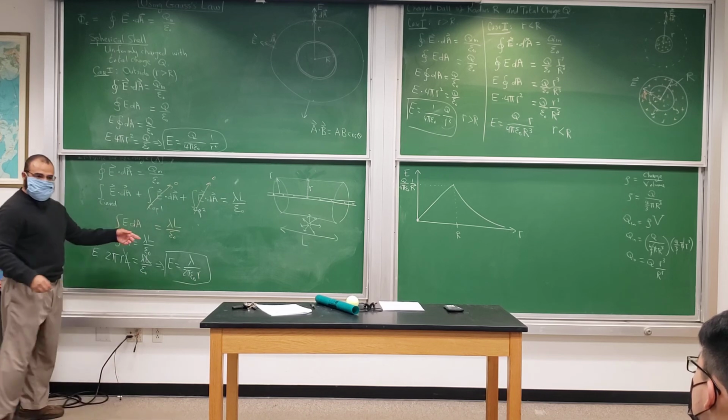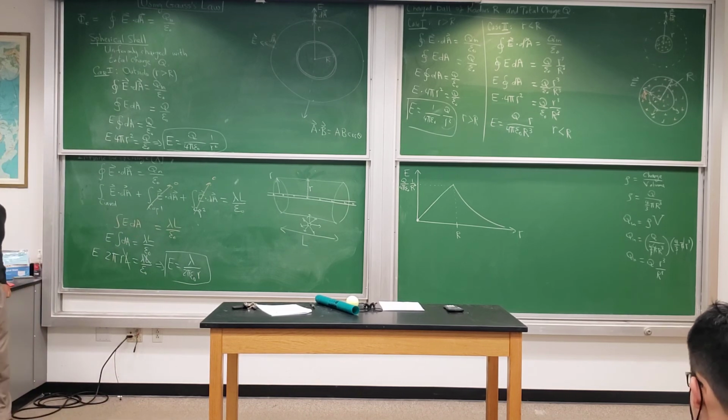You remember we got this last chapter, by integration. So basically, it doesn't matter if you have caps on your cylinder or not. Well, Gauss's law requires that you have a closed surface. The caps contributed nothing to the flux, but you have to have a closed surface.